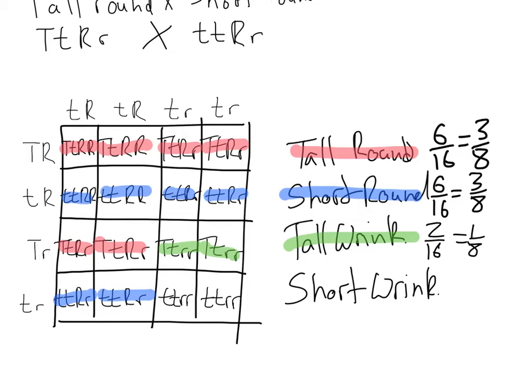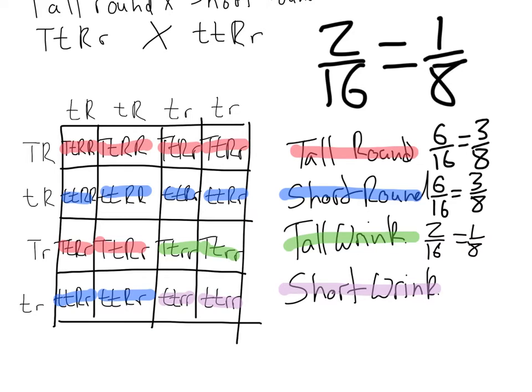And then the last one we've got is short wrinkled, which is this one and this one. So that's another 2 out of 16, or 1/8.